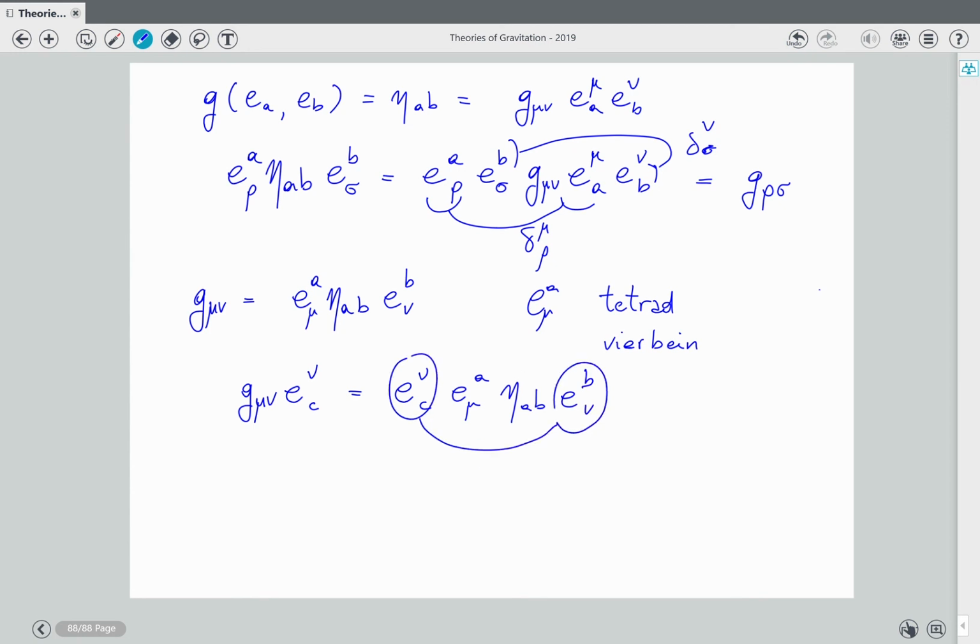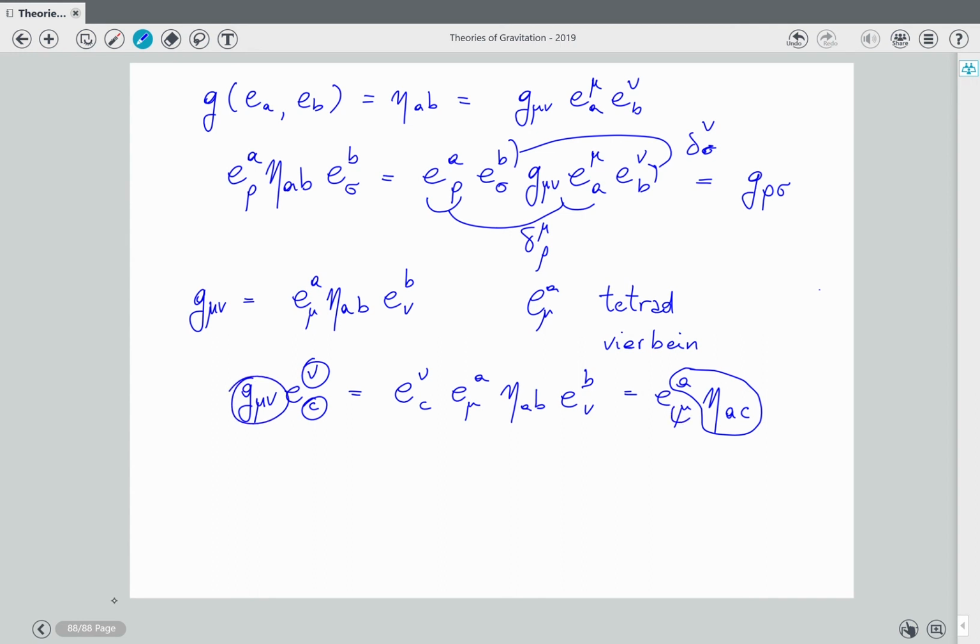Then when we contract these two things, this is delta BC. So you have E A mu eta A C. So that means that you lower or raise flat space indices with eta, and you lower space-time indices with G.